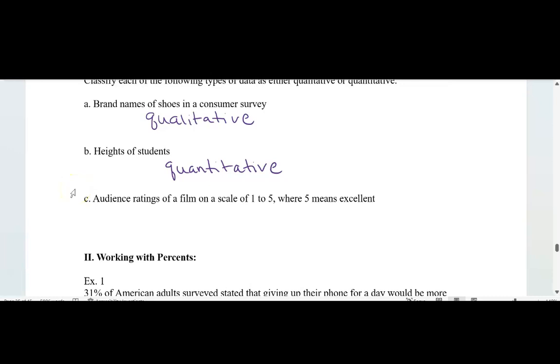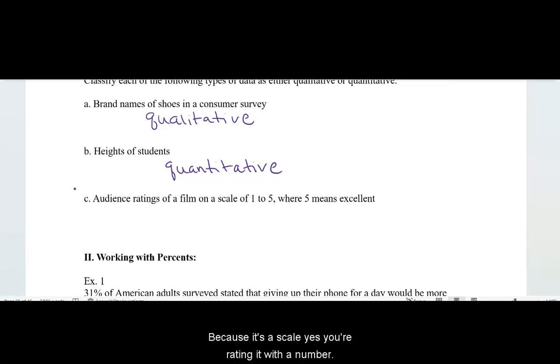And then audience ratings of a film on a scale of 1 to 5, where 5 would mean excellent, maybe 1 means horrible, didn't like it, whatever it was. But each number is assigned its own category, right? Its own meaning there. Now, this one you have to be careful with, because it's a scale.